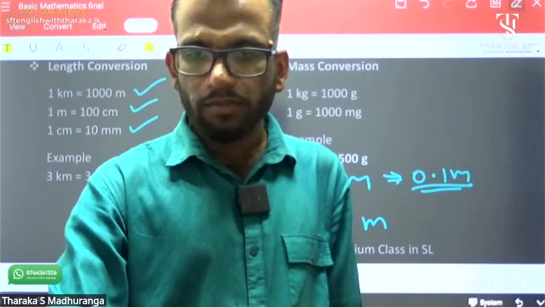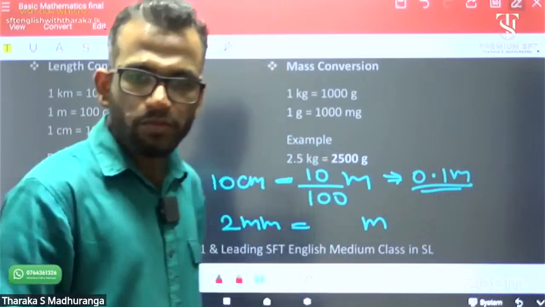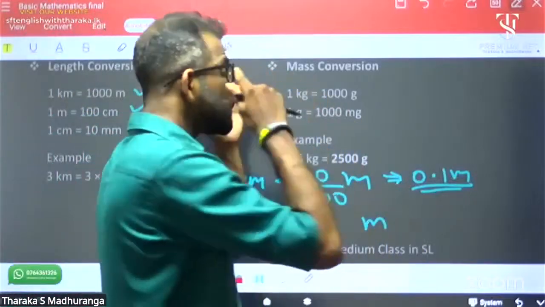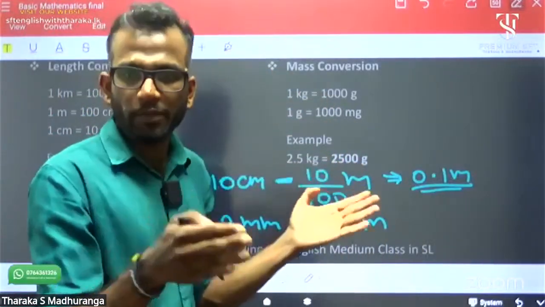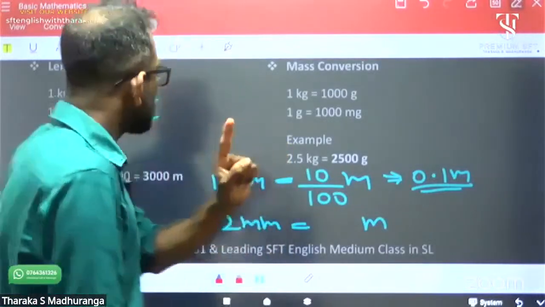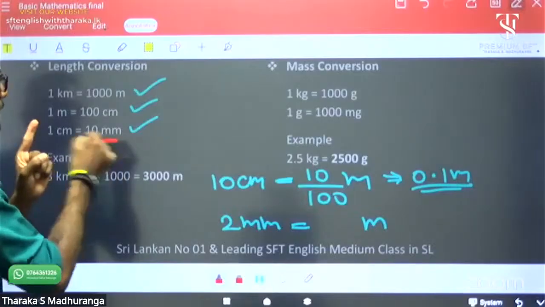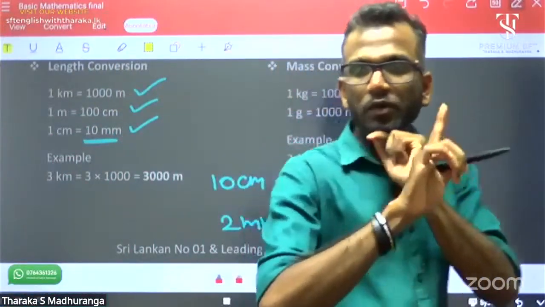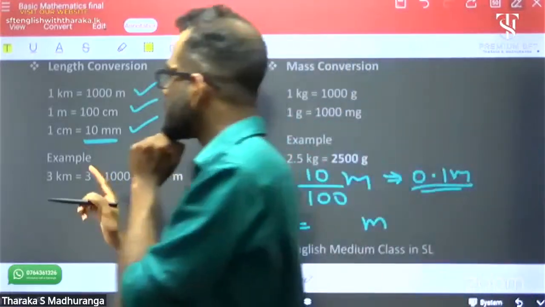Now you know per 1 meter, 100 centimeters, and per 1 centimeter, 10 millimeters. Then how many millimeters per 1 meter? 1000, very good.